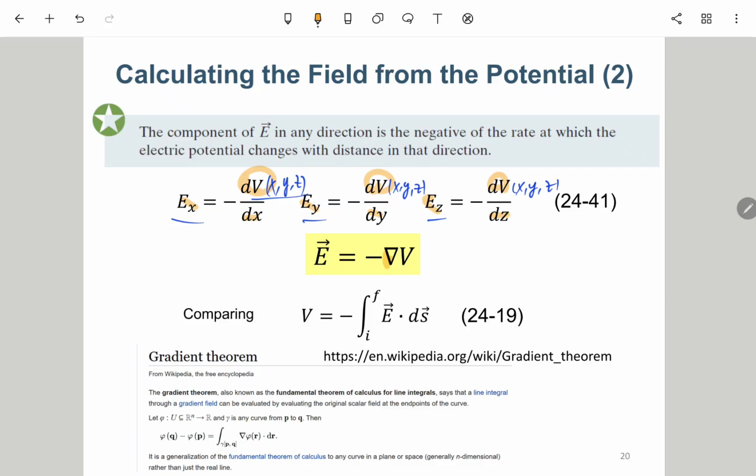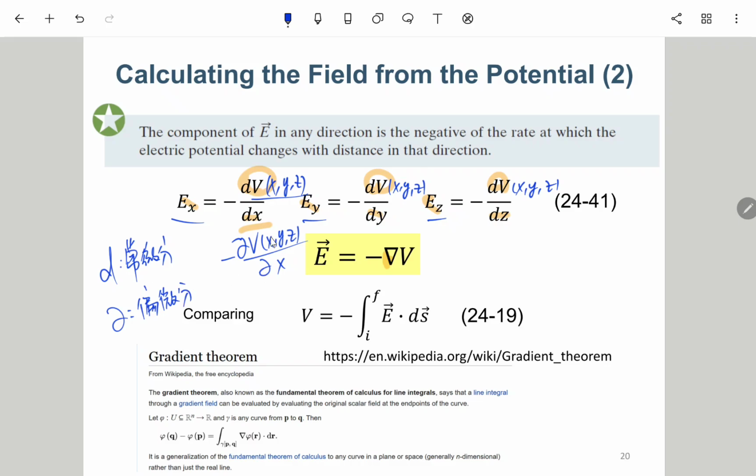For a one-dimensional derivative we usually use d, but sometimes it is more correct to use the notation like this, which we usually call round. It is usually called round v round x. dv dx is for the ordinary derivative, and this one is the partial derivative.